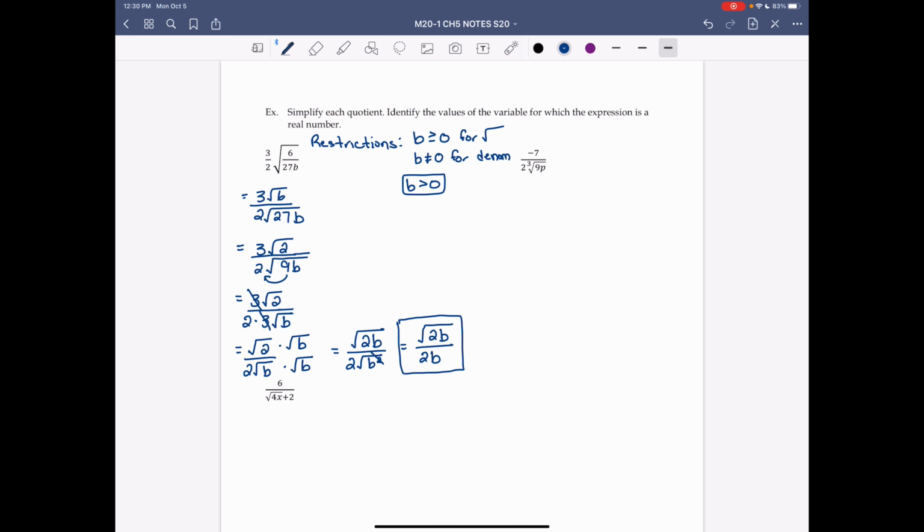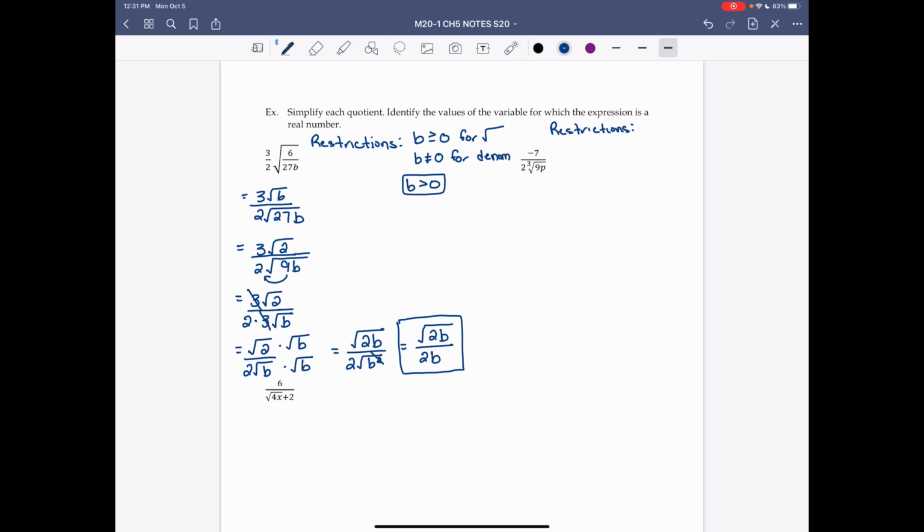Negative 7 over 2 times the cube root of 9p. Starting with restrictions, we have p under a cube root, so there's no restriction for the cube root. We can have negatives under the cube root.